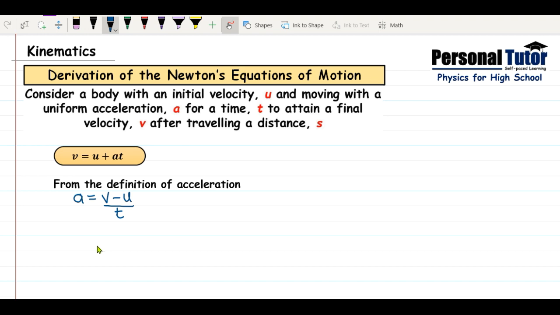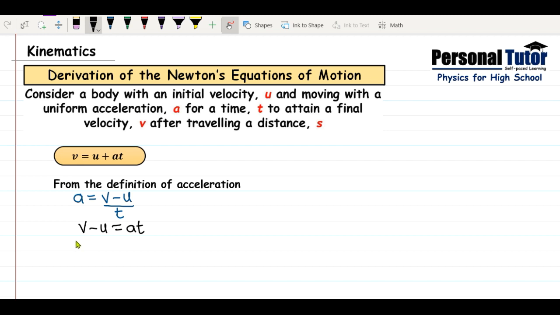So that is the equation of acceleration. From here, v was made the subject. So simply we need to cross multiply, and that will be v minus u equals a times t.